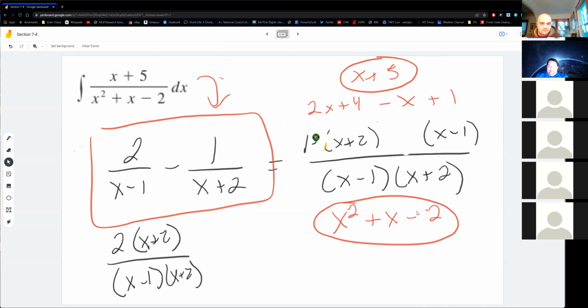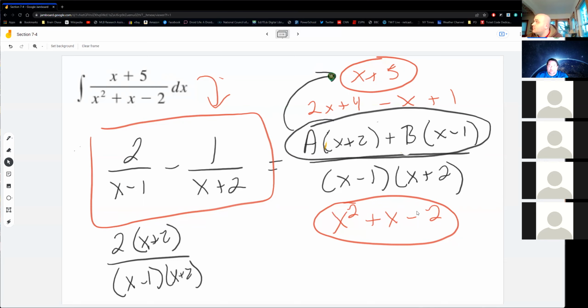So that's the A and that's the B, because I'm not sure what those are when I'm doing the problem. So if I'm going backwards, I've got to come up with that piece. The A and the B are going to be numbers, but those are my coefficient pieces of it. So this whole top piece right there has to equal the x plus 5. That you get? Yes, that part makes sense.